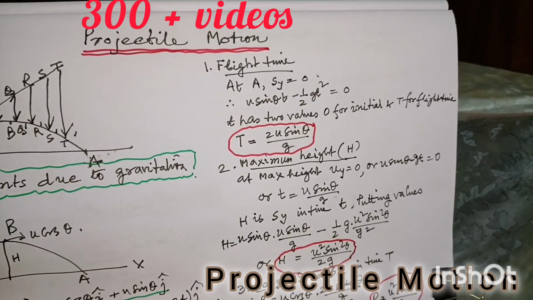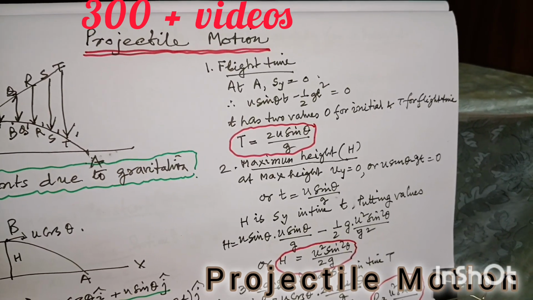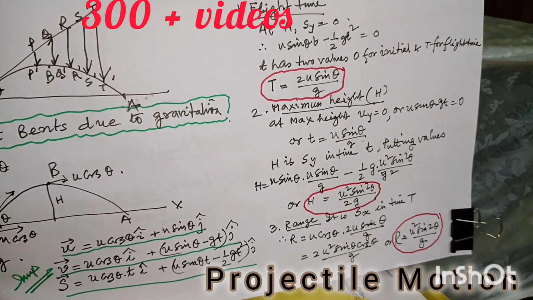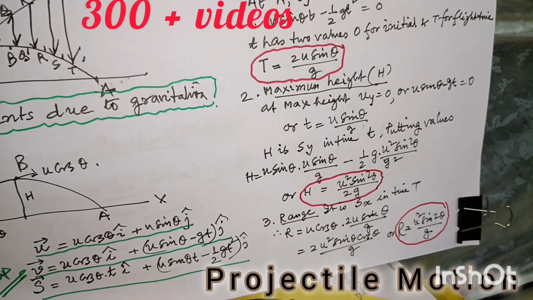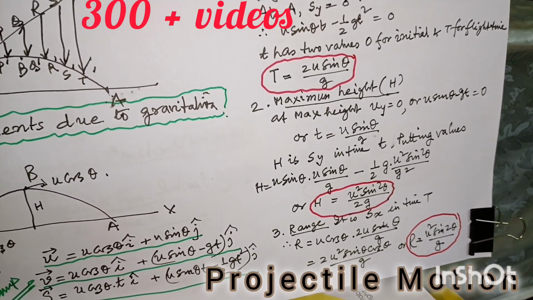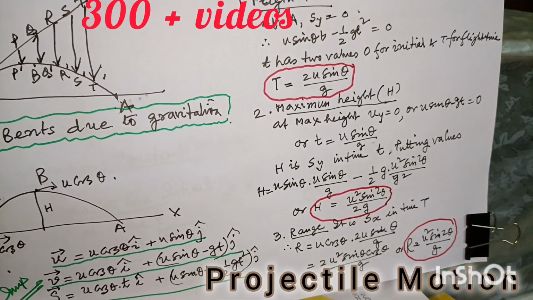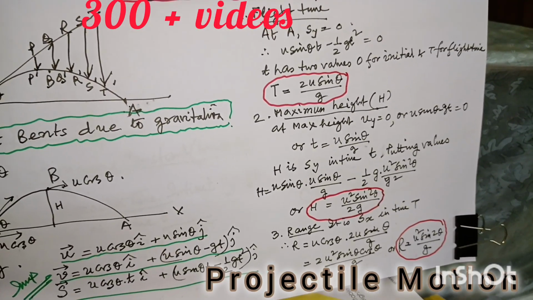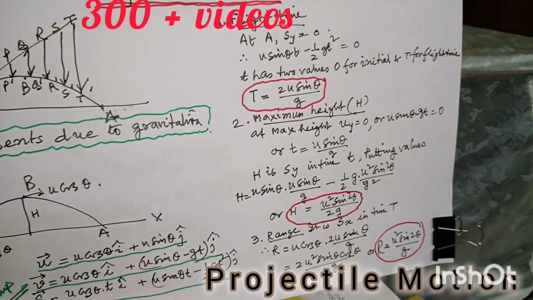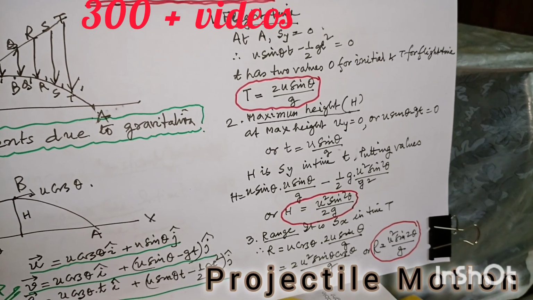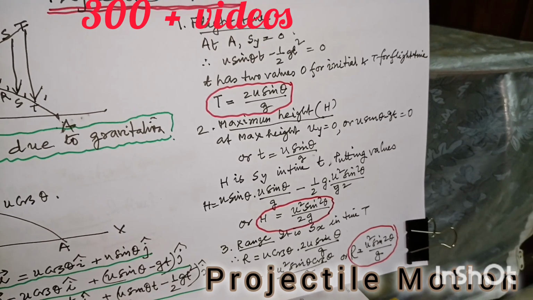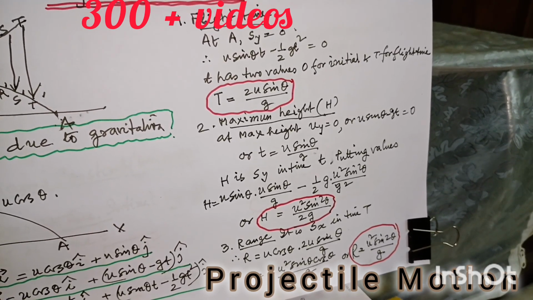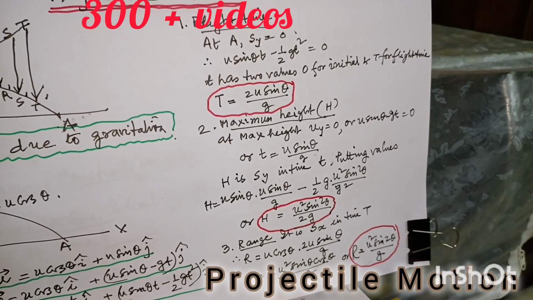So the equation of Sy, the y component of S, is u sin theta t minus half gt square. Now if we put the value of t, we will write Sy equal to u sin theta into, in place of t, u sin theta by g, minus half g into u sin theta by g whole square, meaning u square sin square theta by g square.